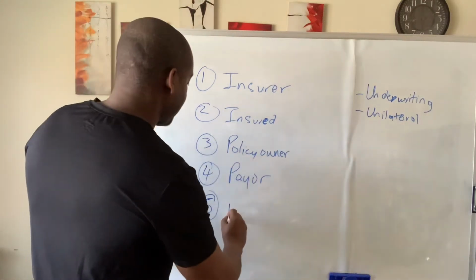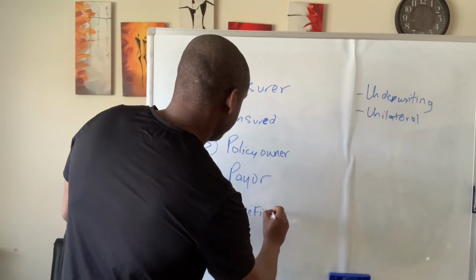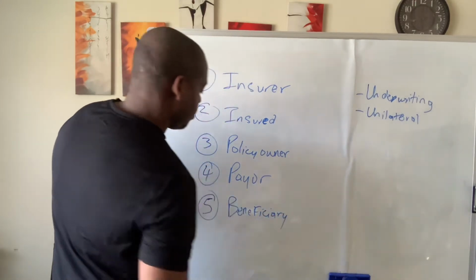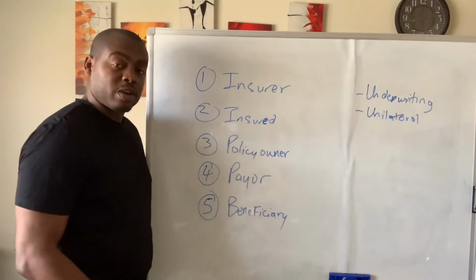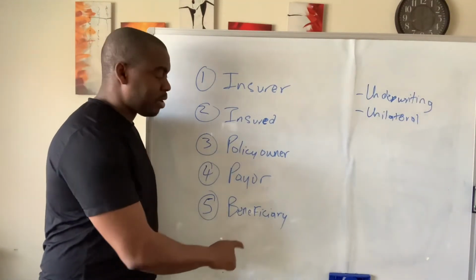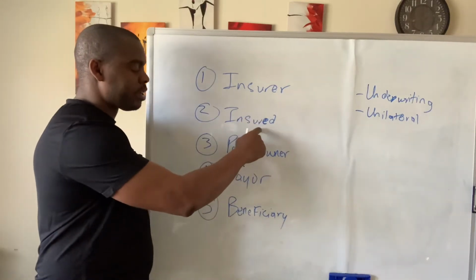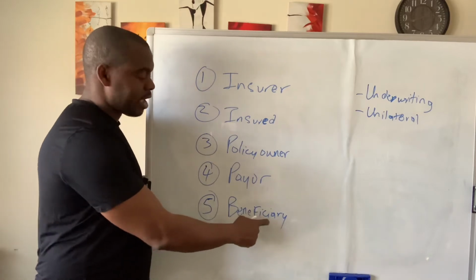Next is the beneficiary. And I'm sure you guessed that one. Of course, that's the person that's going to get the benefit. All right, so that's the person that's going to get the death benefit. So when the insured dies, the money is going to go to the beneficiary tax-free.